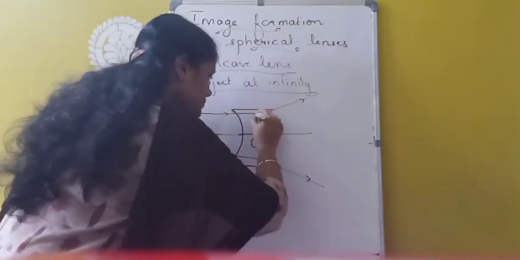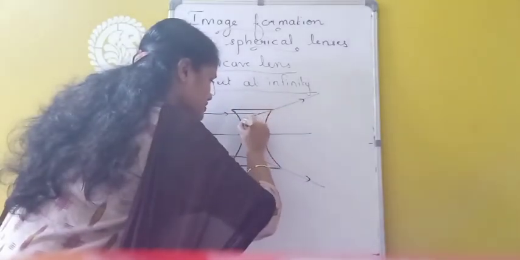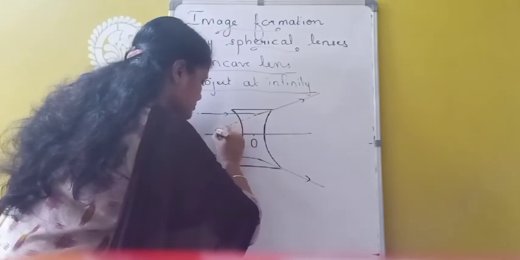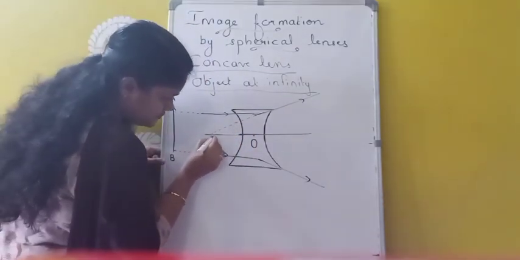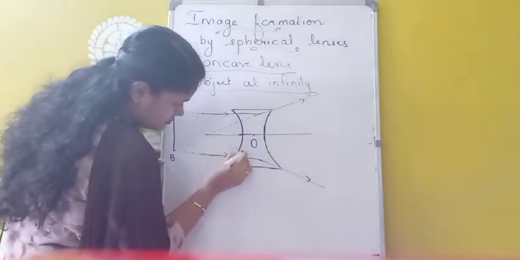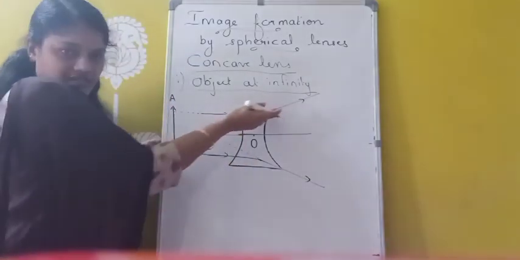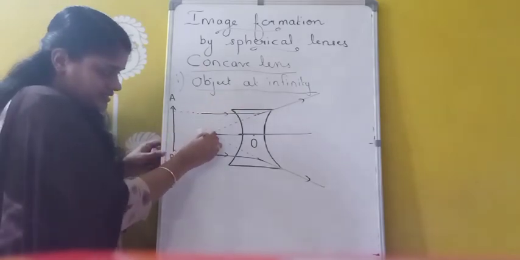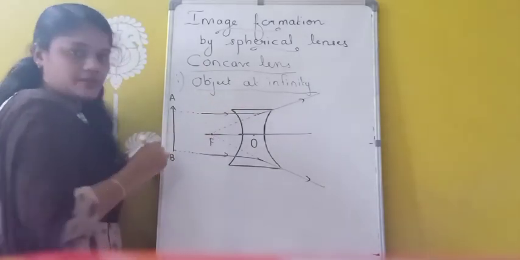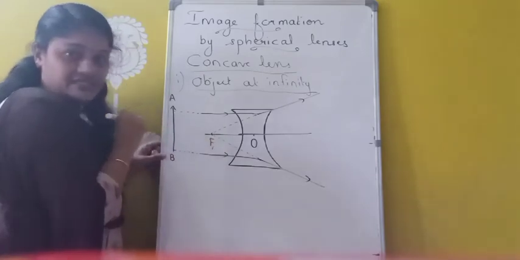That means when I extend them, they may meet at a point here. So when these light rays are extended, they will meet at a point here, and this point is called which one? Principal focus. Okay, F1. Take it as F1.